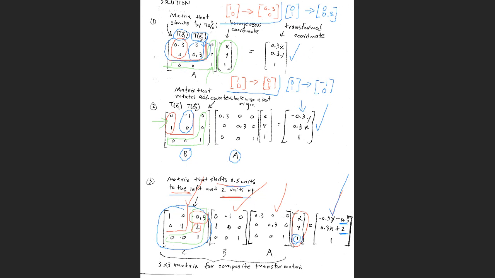So that's why we need homogeneous coordinates when we introduce translations as possible transformations for our figures, for our points. All right, let me know, please, if you have any questions.